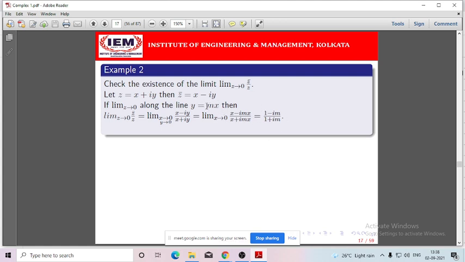Now if you put m equals 2, we will get another limiting value. That means if we approach the point (0,0), or z equals 0, through different paths, then the limiting value, being dependent on the particular path, will depend on m. That means the limiting value will be different if you approach through different paths. That's why here the limit doesn't exist.